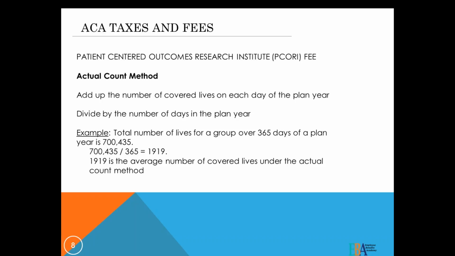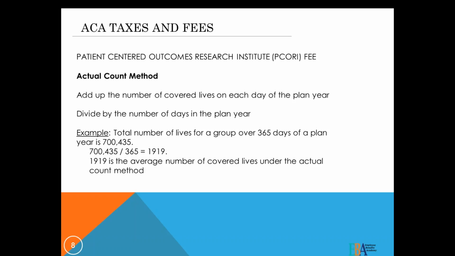So let's start with the actual count method. This method literally requires the employer to add up the number of covered lives for each day of the plan year and then divide by the number of days in the plan year. For example, if an employer adds up the number of covered lives for every single day of the plan year, let's say that comes up to 700,435.